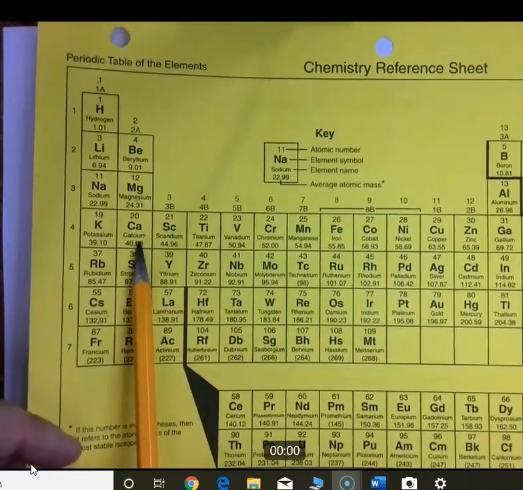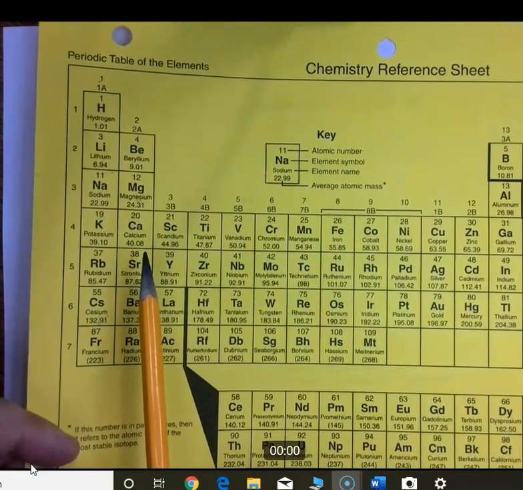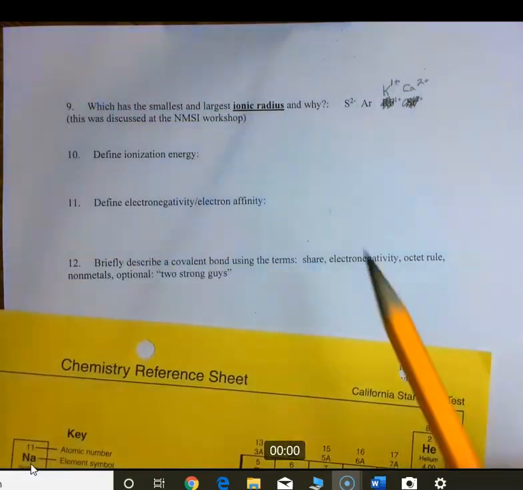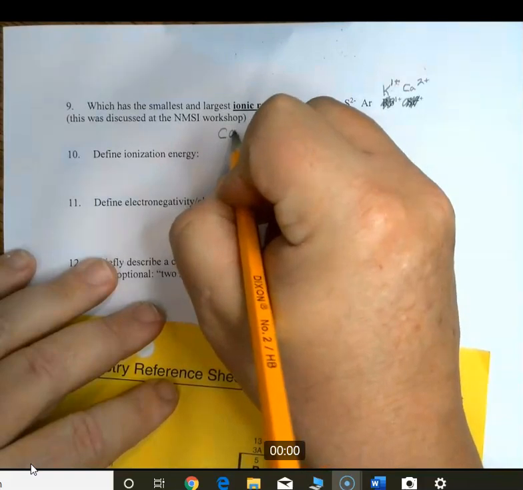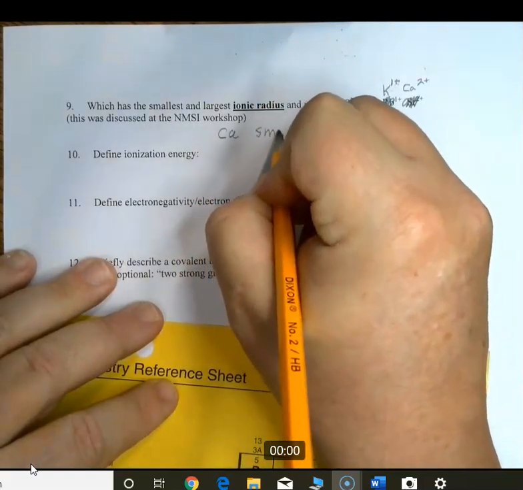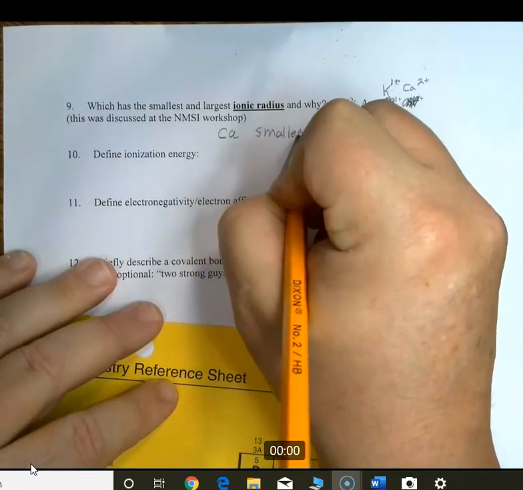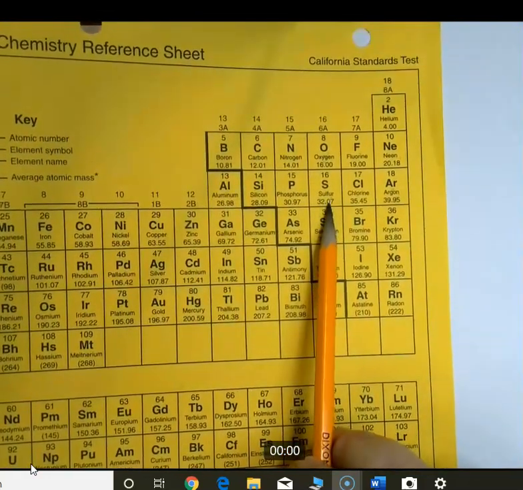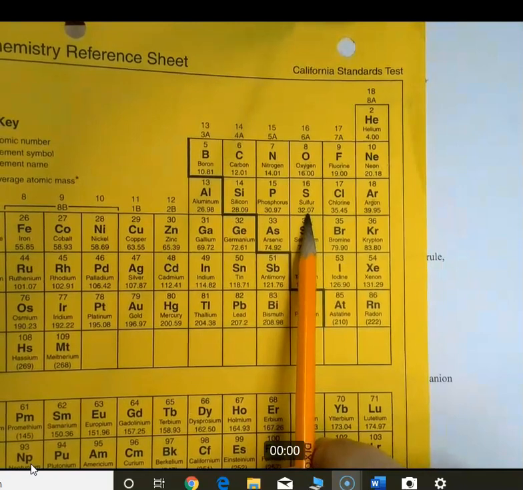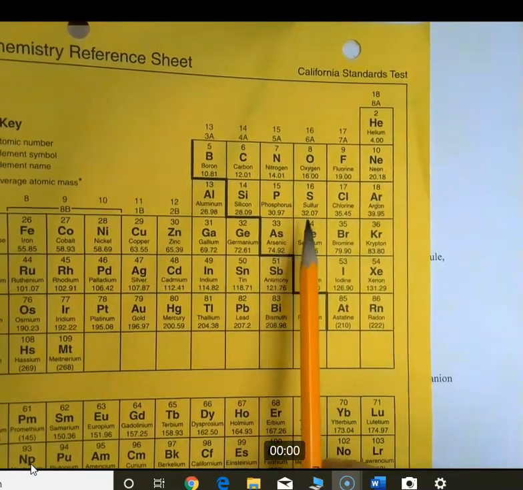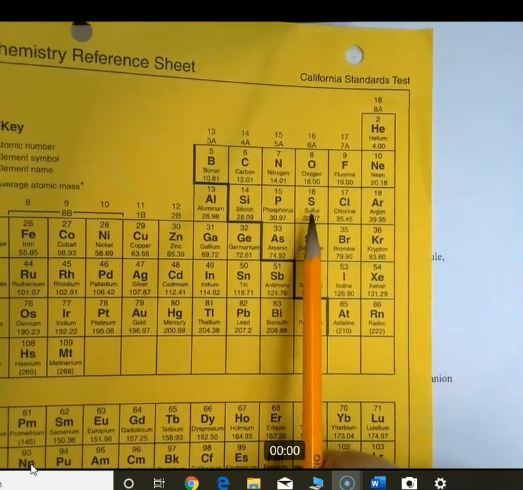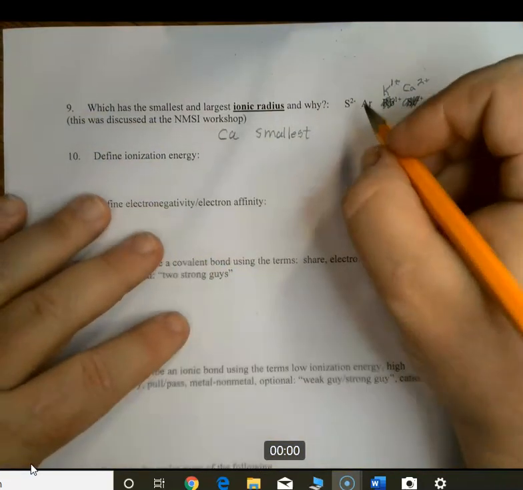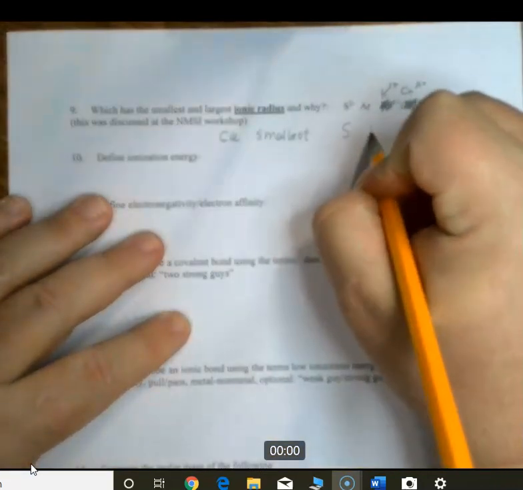So calcium has the most protons pulling on the same number of electrons, so calcium is smallest because the protons are pulling the hardest on that same number of electrons. And the one that would have the fewest protons is sulfur, and it has the same number of electrons. So it doesn't have as many protons pulling on those electrons. So sulfur would be largest.